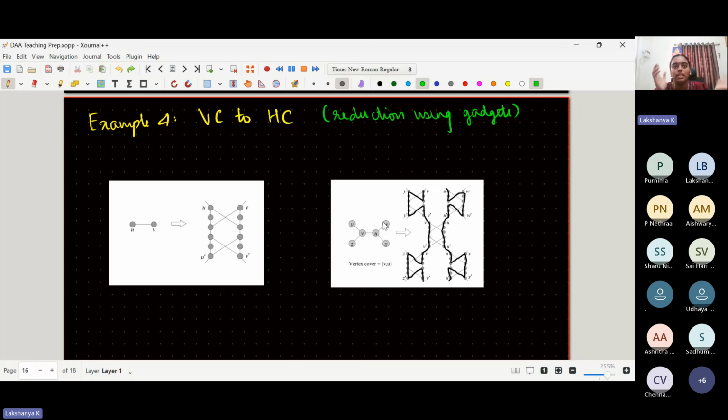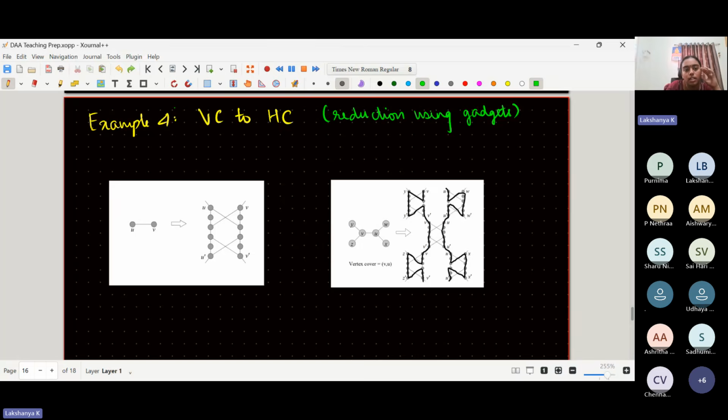Like, if I take the complement of the graph, a clique becomes an independent set. It is just a logical property which you had to think, identify, prove, and it was done. You didn't have to do some construction or create a new structure out of nowhere. So those are called trivial reductions.